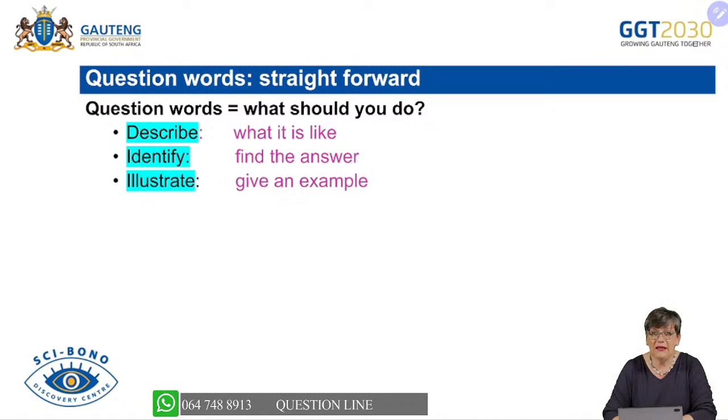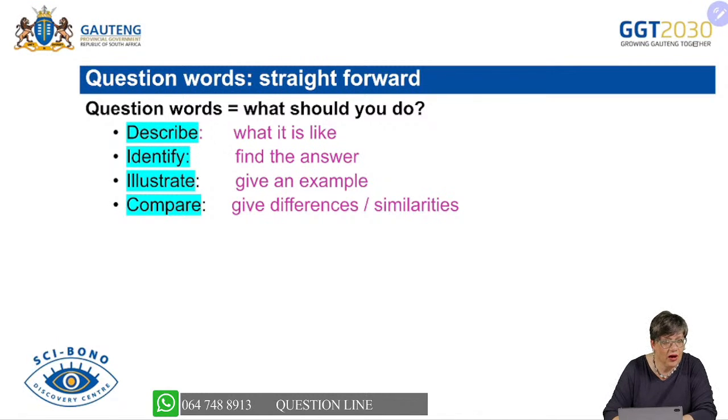Illustrate means to give an example. Compare means you have to give us either the differences or the similarities. Be careful. In this question, they might tell you specifically they want the differences, but if they don't say anything, give both, just to make sure.